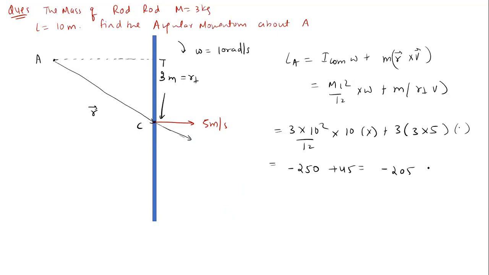Minus 205 kg meter square per second, or we can say 205 kg meter square per second cross, because we have taken cross as negative. So this is the answer here. 205 inside the plane or minus 205, both are correct.